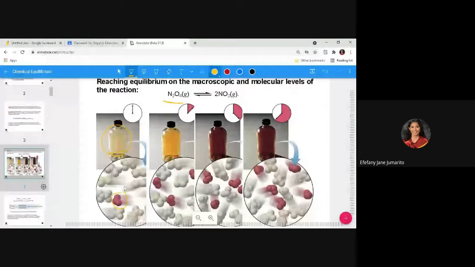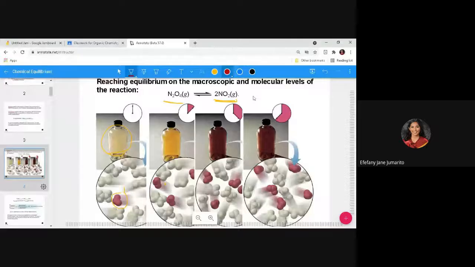Here in our container it is not colorless anymore because we have 2NO2. After some time, the concentration of our NO2 is brown in color. Our N2O4 is colorless.